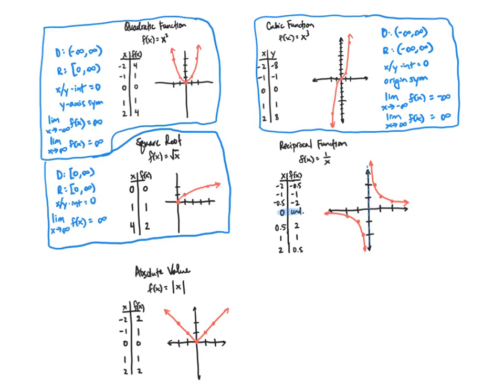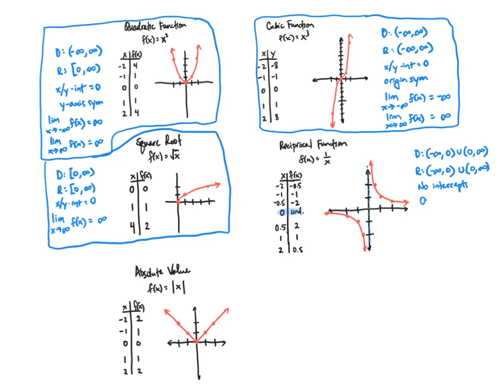Okay, the reciprocal function. So the reciprocal function has an interesting domain. It goes from negative infinity to 0, and then from 0 to infinity. And the range does the same thing. Negative infinity to 0, and then 0 to infinity. This thing has no intercepts. And it does have symmetry.